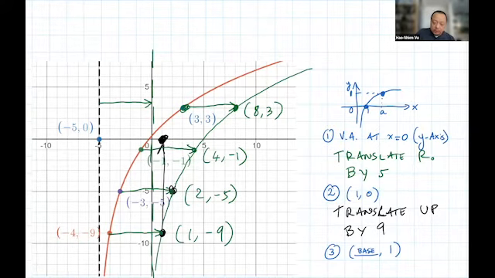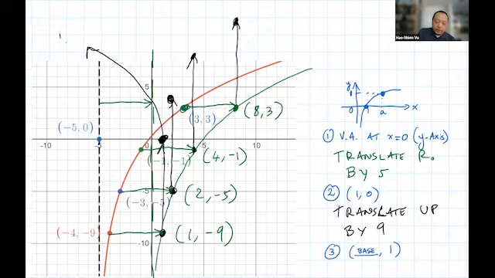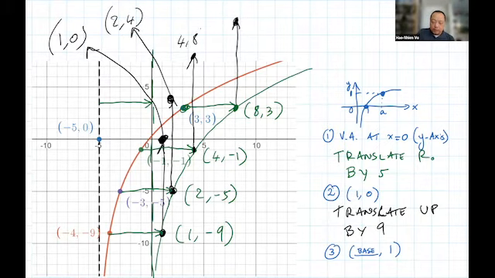All of these points will also get translated up by 9. This first point is 1, 0, just like I want. This point will be 2, 4, 4, 8, and 8, 12.